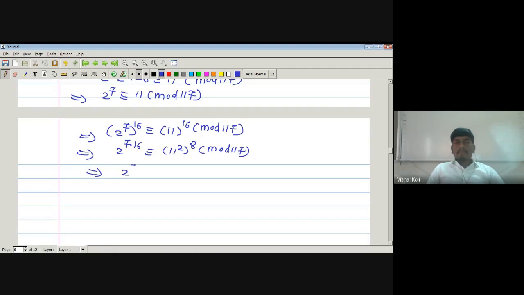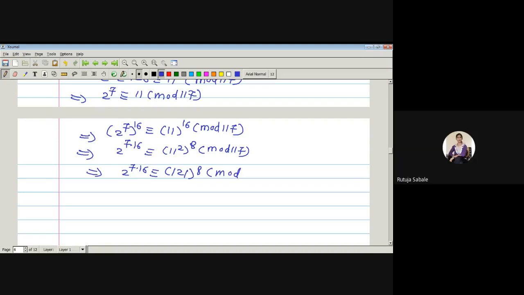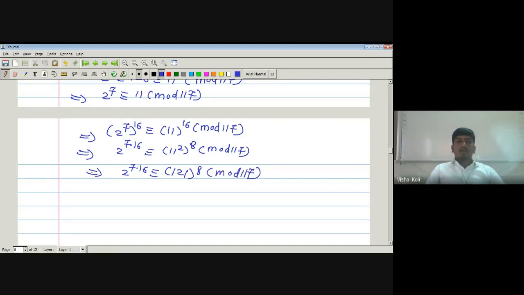Which is congruent to, but 11 squared is nothing but 121. And what is the value of 121 modulo 117? 4. Which implies 2 to the power 7 into 16 is congruent to 4 to the power 8 modulo 117.